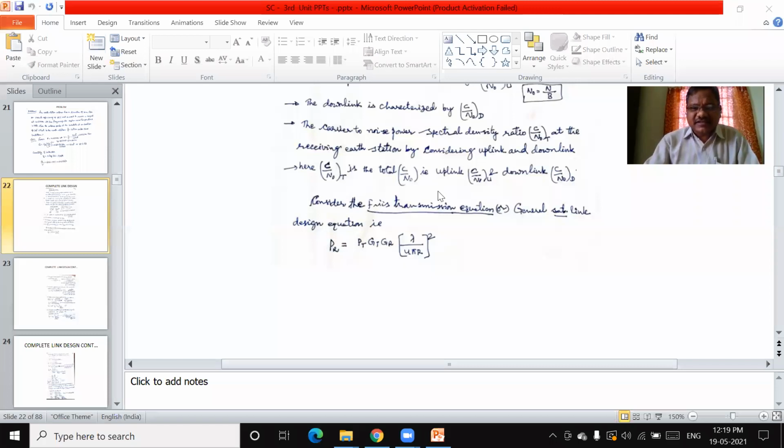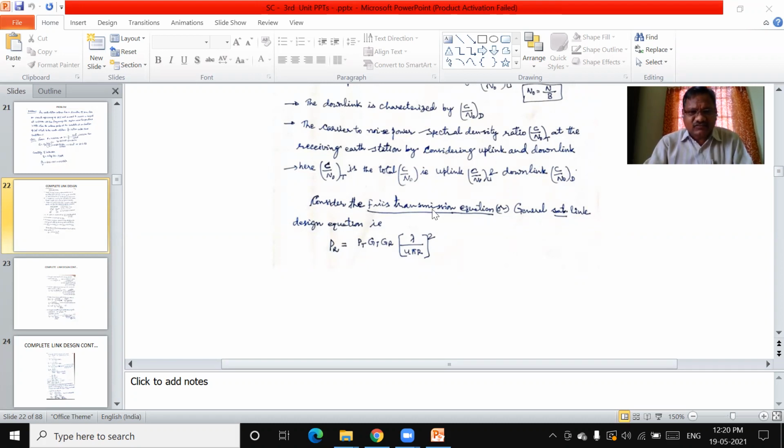So now, to define the first equation, we need to know the Friis transmission equation, or the general satellite link design equation, what we have studied under the title of transmission theory. That is the PR, received power, Friis transmission equation.